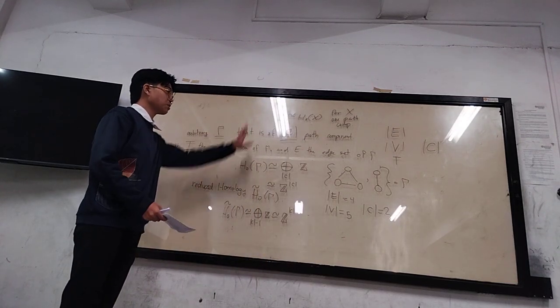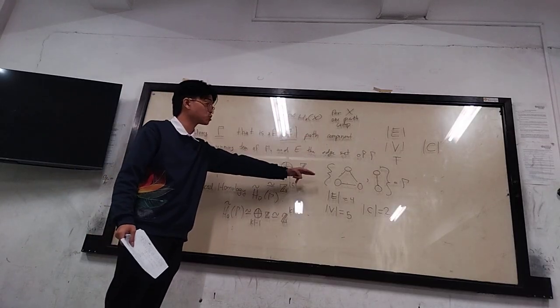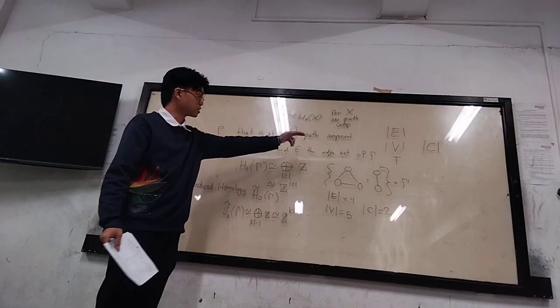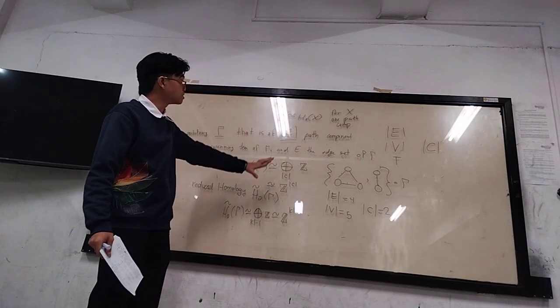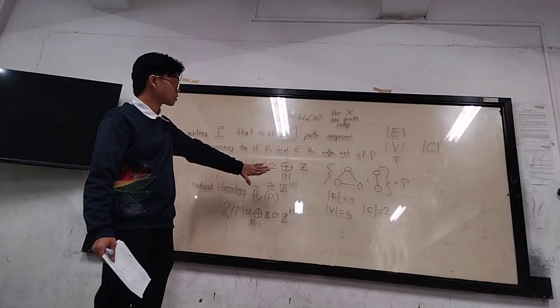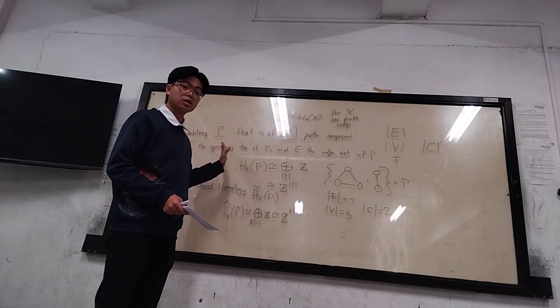So using this schema, you can classify any kind of relation you want, disjoint or connected or not, using these three formulas: the formula for the first homology and the formulas for the zeroth homology.